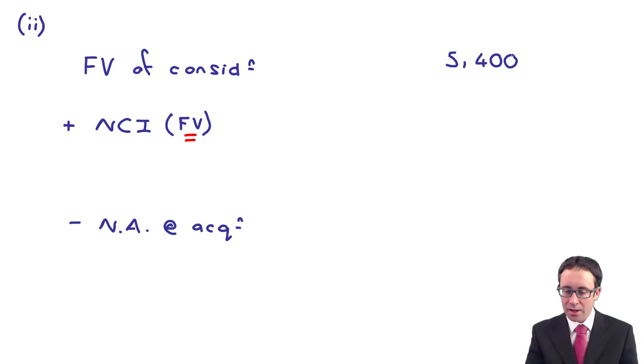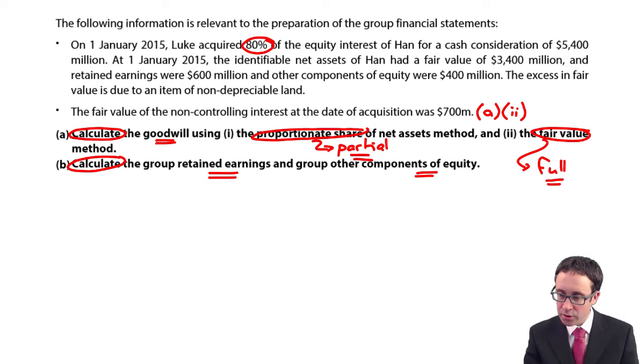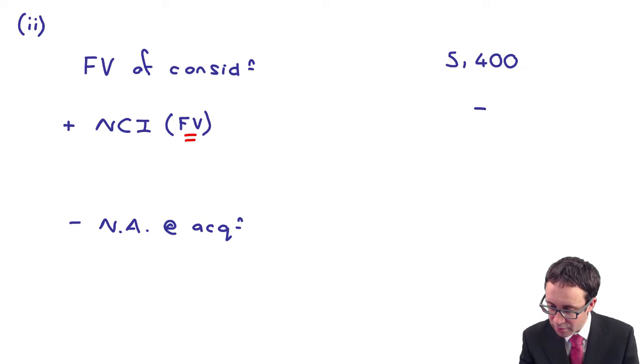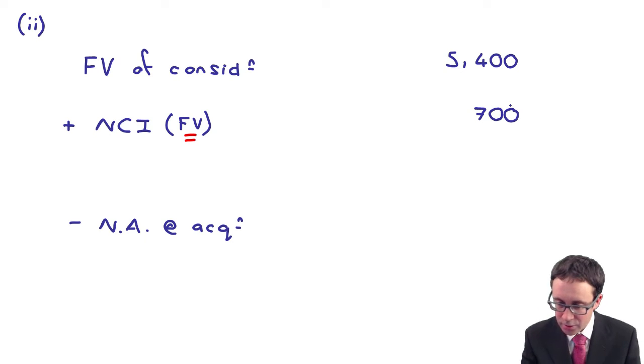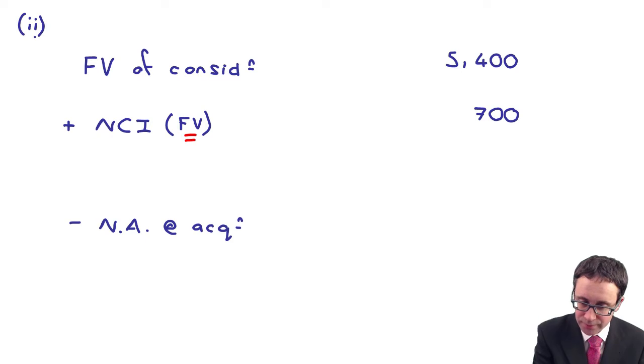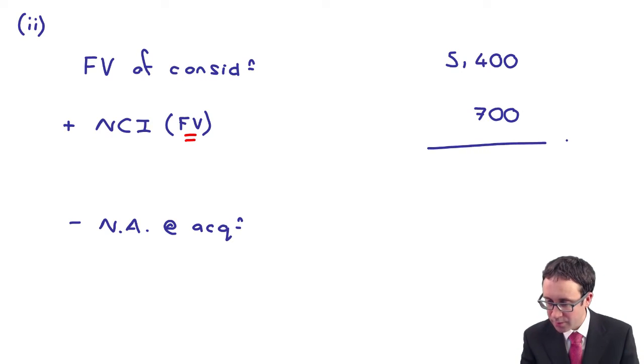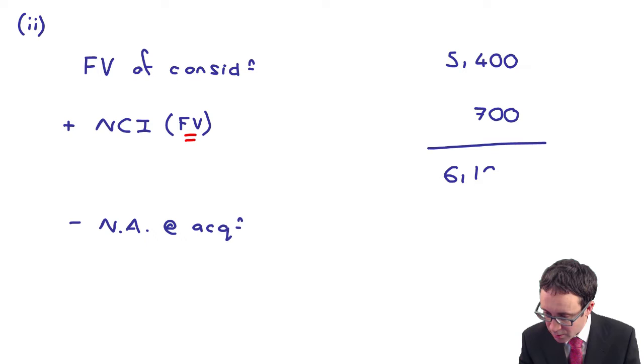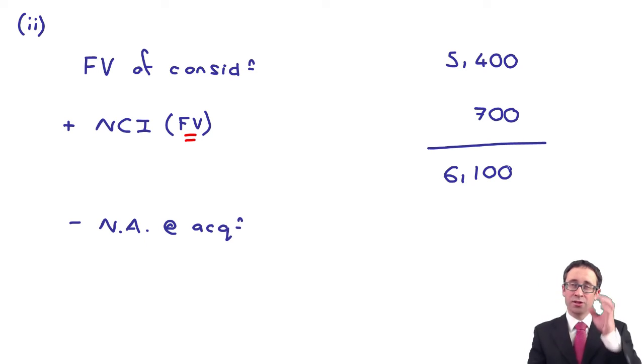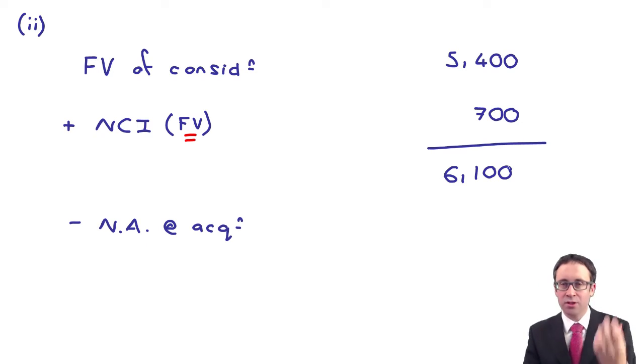The non-controlling interest at fair value, we're told was 700. So the non-controlling interest at fair value, note that's in part 2, is there at 700. So 5,400 plus 700 gives me 6,100. So that's the total worth of that subsidiary.